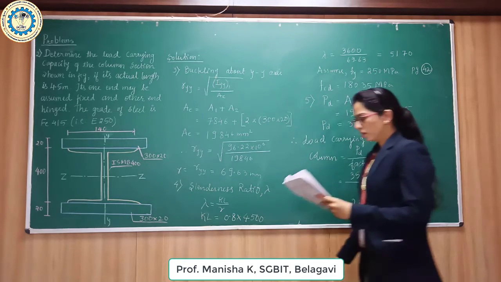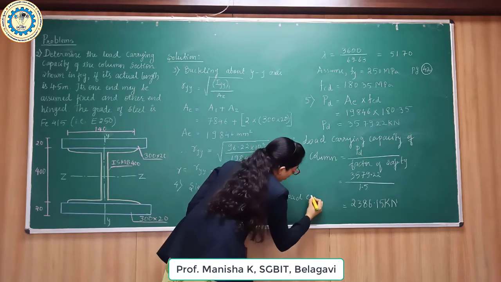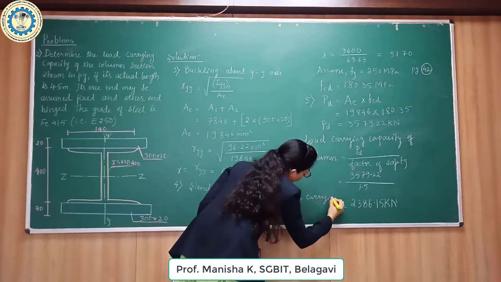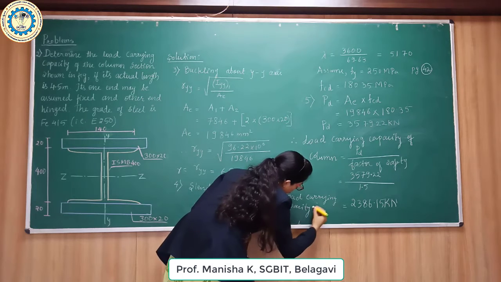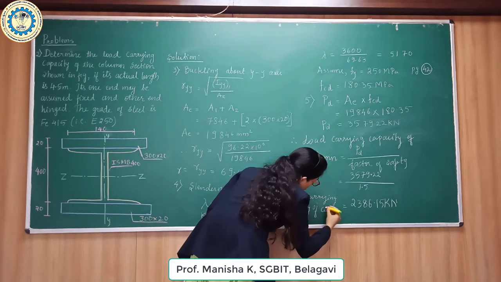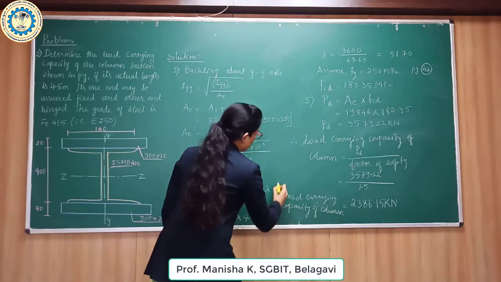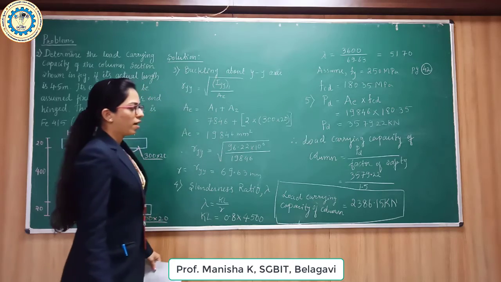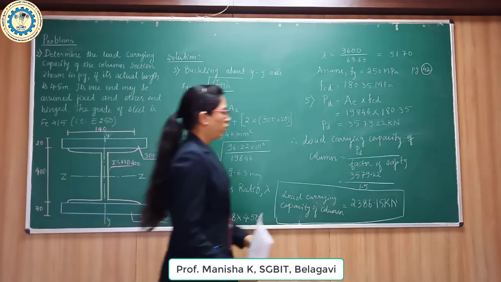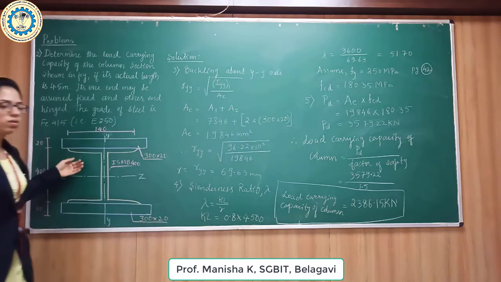Is nothing but the load carrying capacity of a column. Load carrying capacity of a column is 2386.15 kilonewton. So this is the answer of a given question.